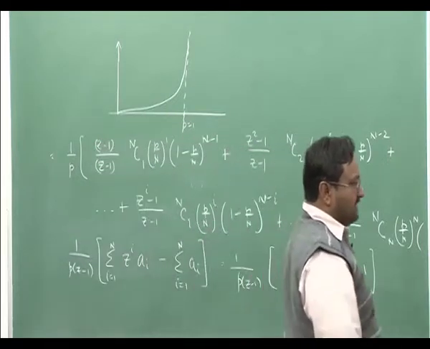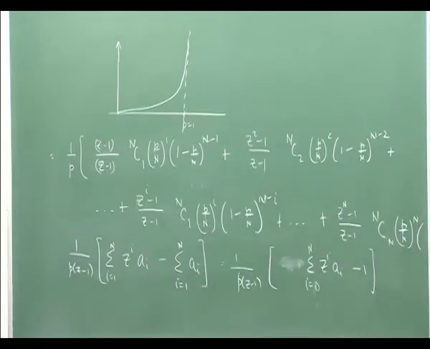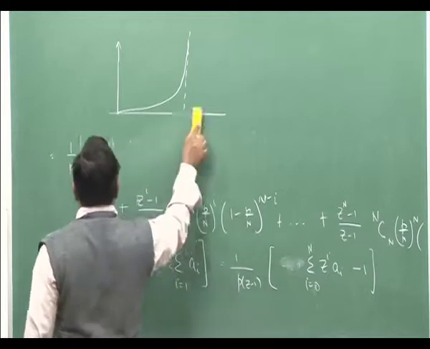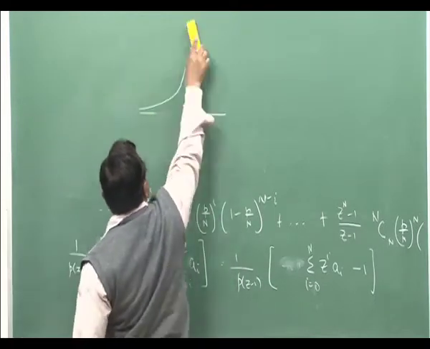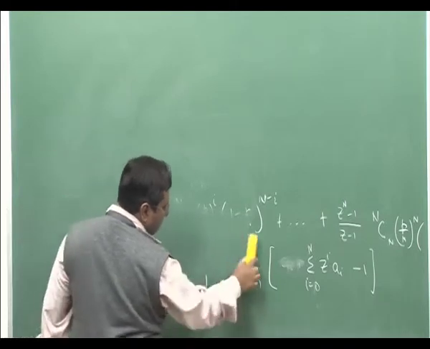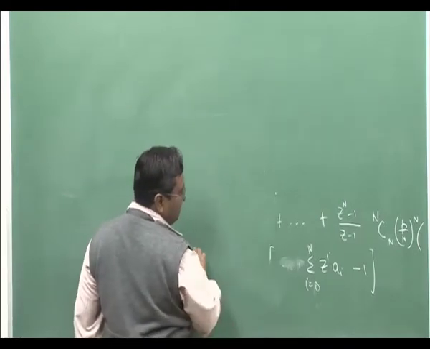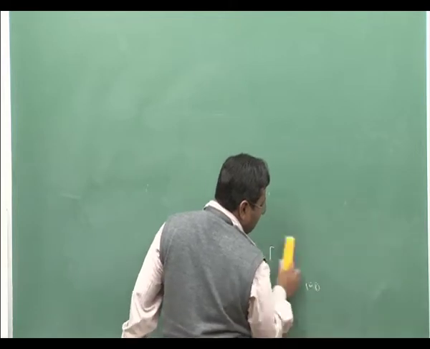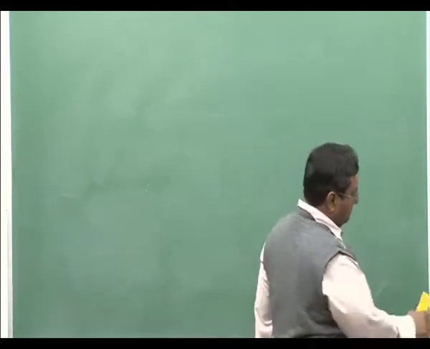But with input queuing, because there is head of the line blocking, we can again do that modeling and find out the approximate value. So it's about 53 something percent, or 0.53 something. That's the maximum throughput which can be achieved if I am going to have head of the line blocking in the input queue.